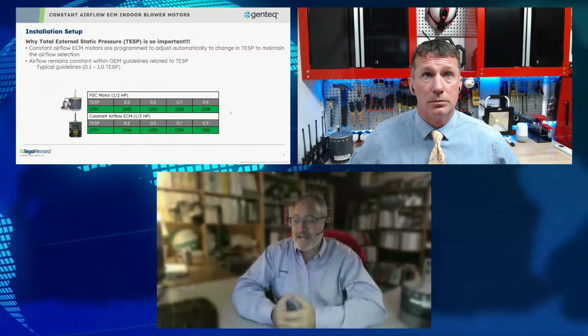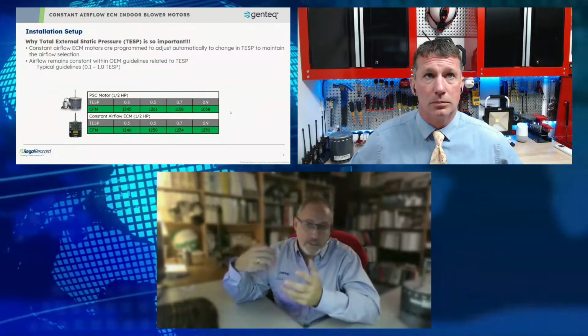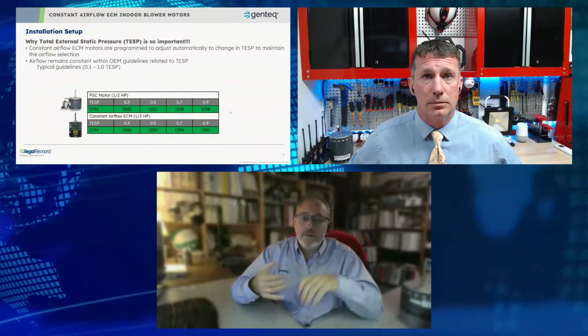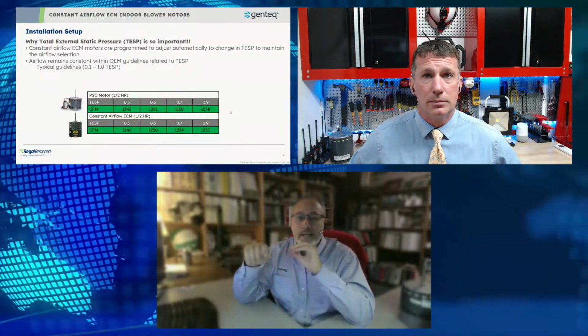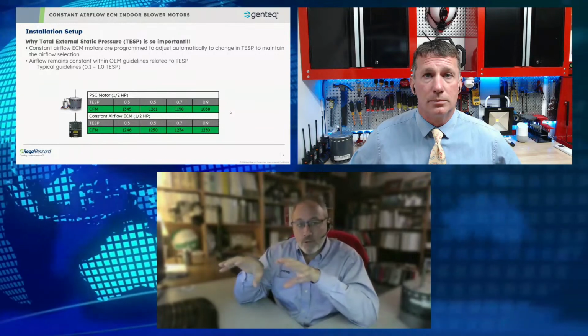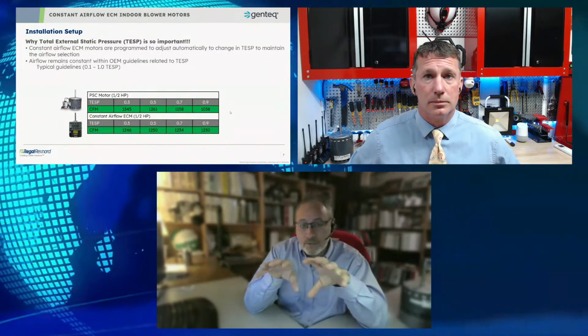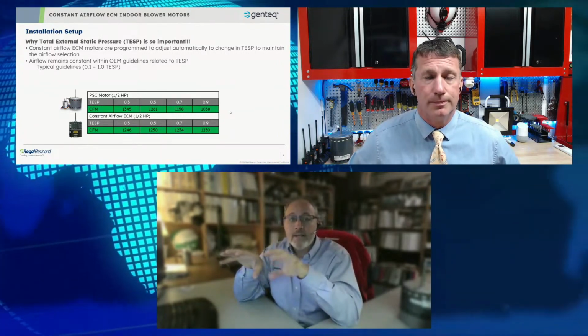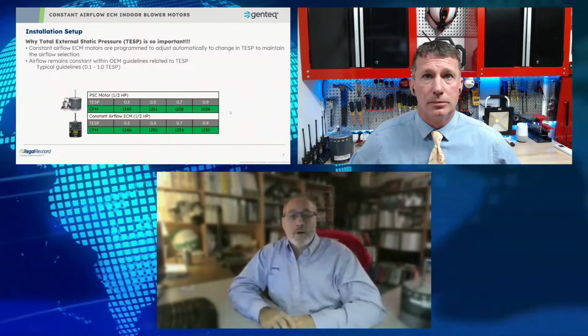Correct. These motors were designed to be set up at a midpoint, so around 0.5, 0.6, 0.7, with a clean filter, registers open, properly sized ductwork. And the idea was, as the filter got dirty, the motor could ramp up and maintain airflow. And then when somebody cleaned the filter, we'd bring the static back to design, and that's the way we'd run. And I like analogies.